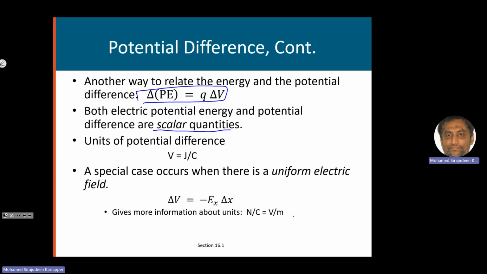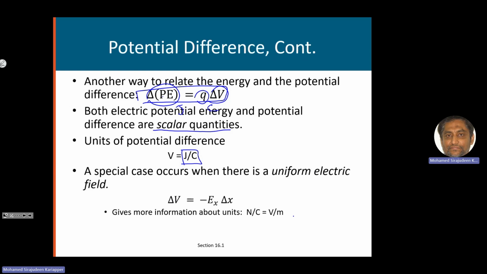It's clear now, this is joule and this is coulomb. Therefore, the unit for potential will be joule per coulomb. The unit for potential is energy divided by charge, so it will be joule per coulomb.